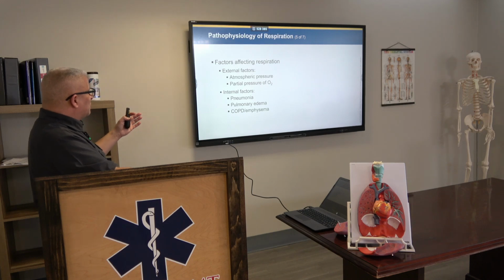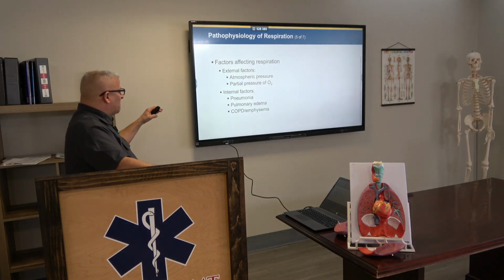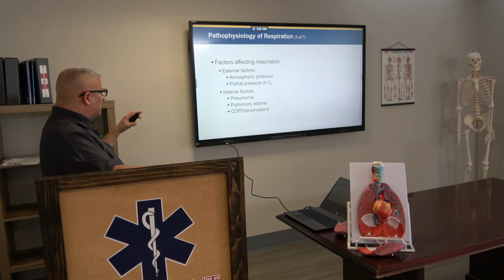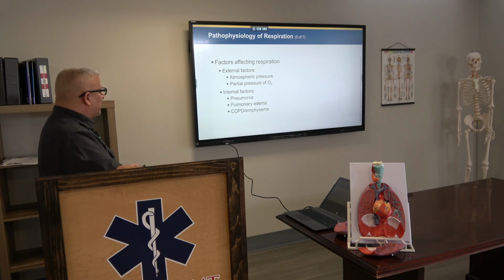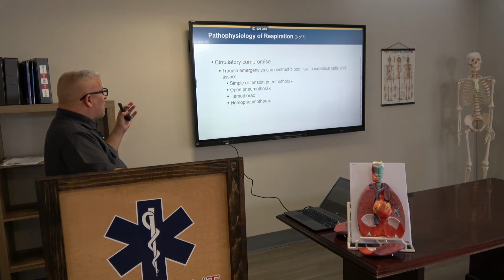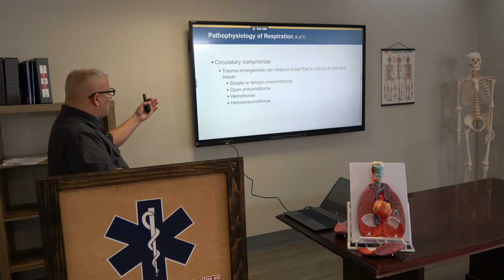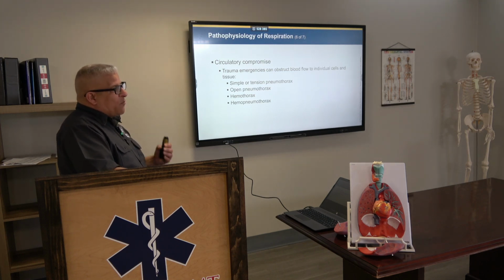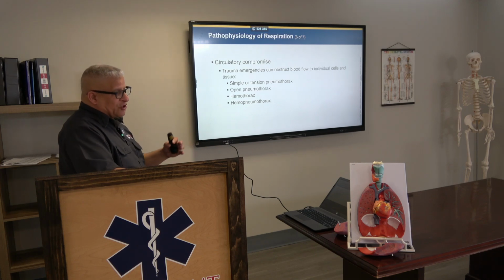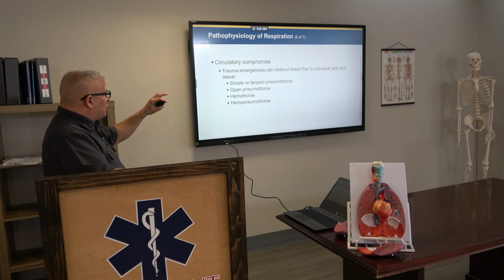Partial pressure of O2. Internal factors inside the body: pneumonia, pulmonary edema, COPD, and diseases that fall under COPD. Circulatory compromise. Trauma emergencies can obstruct blood flow to the individual cells in tissue. One way that is done, as listed here, is simple or tension pneumothorax. When we get into the chest trauma chapter, we'll talk more about the simple and tension pneumothorax.